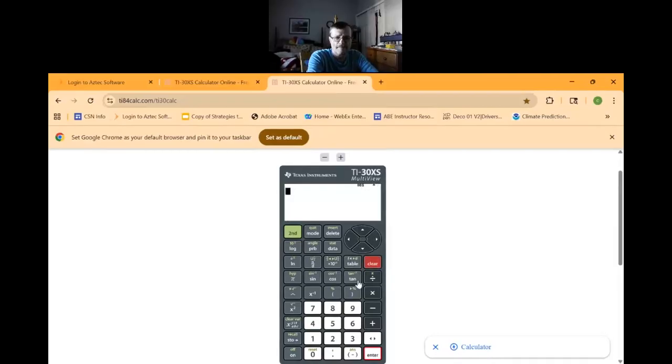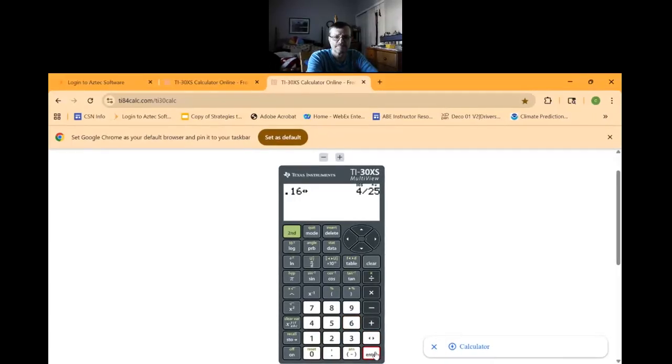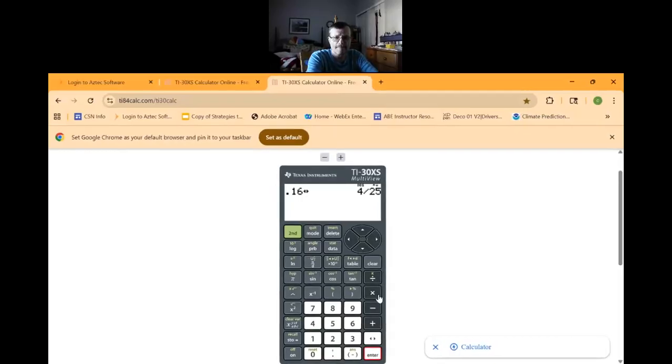Don't do this. See, again, if you're terminating the decimal, you're going to get an incorrect fraction. You're going to get 4 over 25 for that. And again, you've got to put enough in it. This is still not enough.